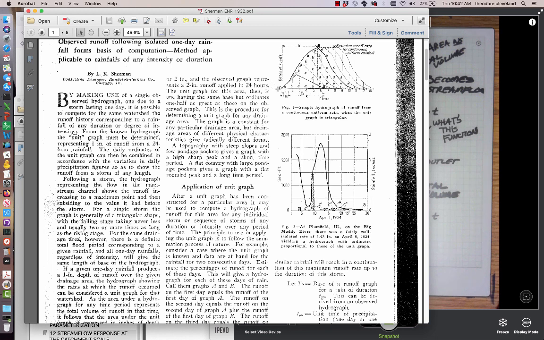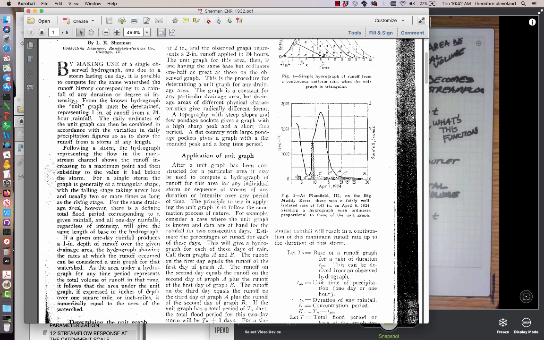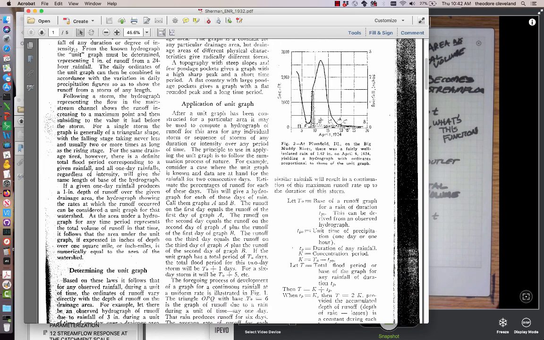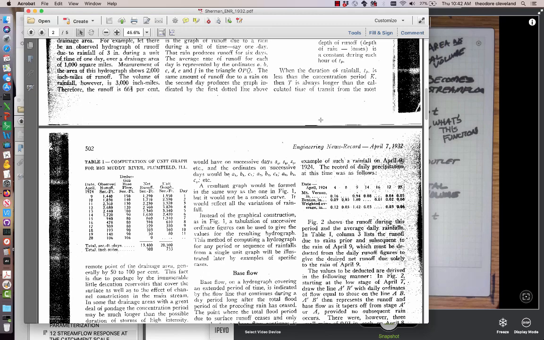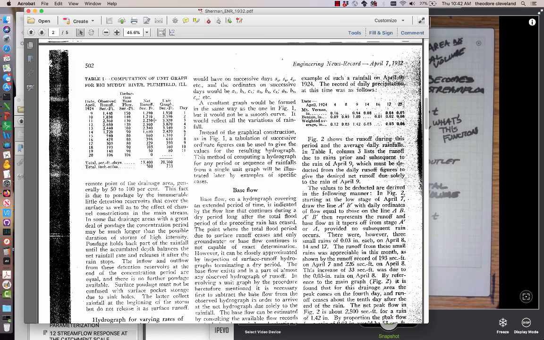And what he started with was triangular responses to uniform rainfall. And here we can see, just like I've drawn, the vertical pulses and then the associated hydrograph as a function of those pulses. And then the remainder of his paper goes on to present an example.